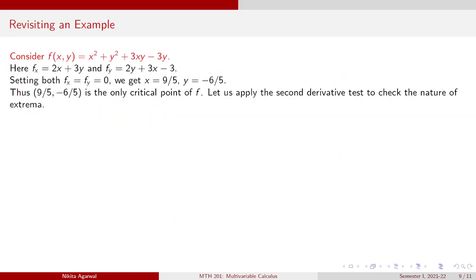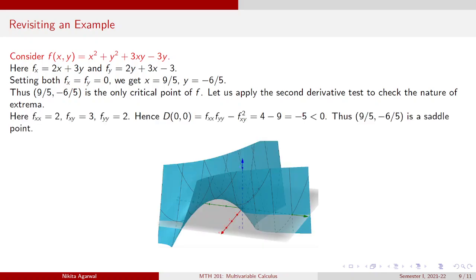Now let us revisit this old example that we saw a few minutes back. So here we computed that (9/5, -6/5) was the only critical point. So let us now apply the second derivative test to check the nature of this extremum. So here you can easily compute that these are the values of second partial derivatives, which actually do not depend on the critical point here.